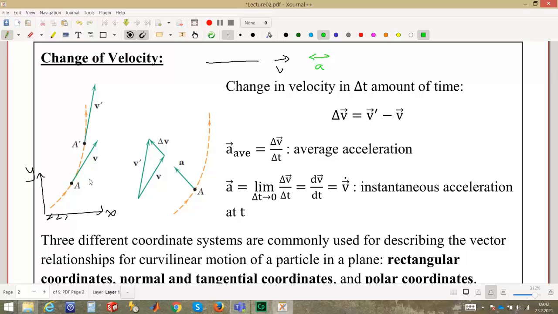If it is a curvilinear motion, the instantaneous acceleration that you would calculate will always be in a different direction than the velocity vector, and the different direction is decided by the curve. As this curve looks like that, the instantaneous center of curvature is towards this direction, and as a result, one part of the acceleration is towards that direction.